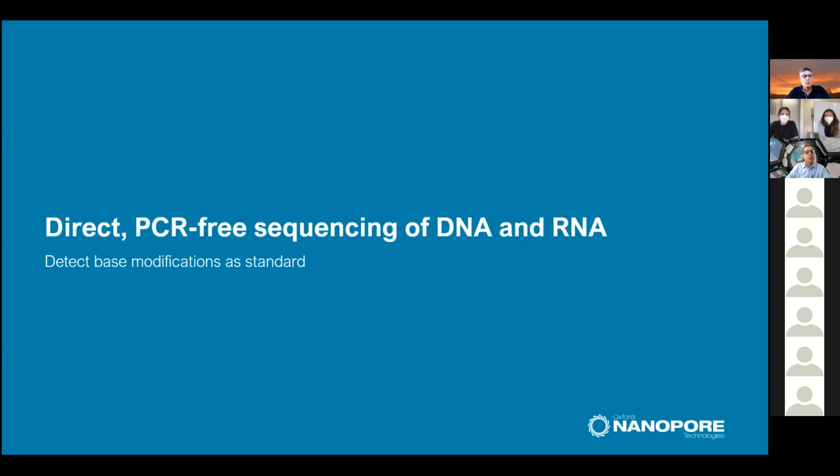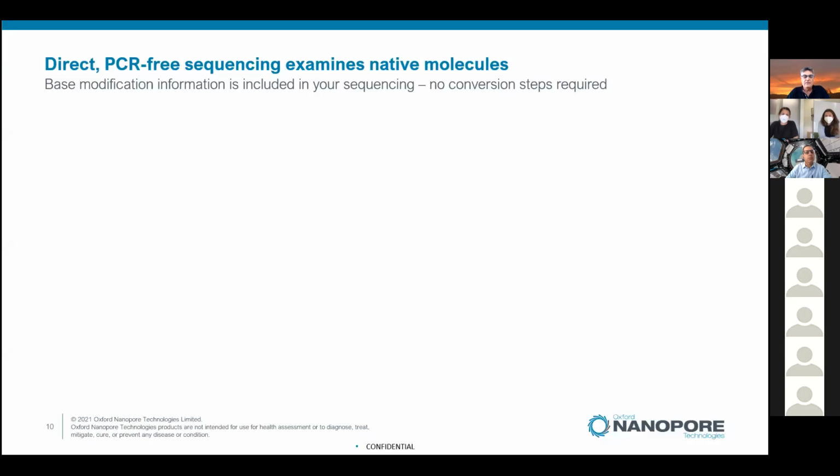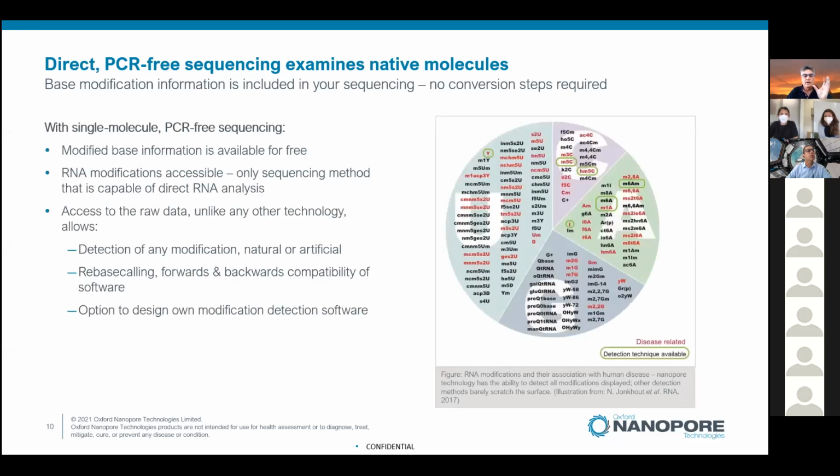As I stated, we provide direct PCR-free DNA sequencing with no conversion steps in between, so we can detect base modifications. There's, I think, a dozen or so DNA-based modifications that are known, but on the right-hand side here, you can see RNA mods from a publication in 2017. I think there's over 170 modifications there.